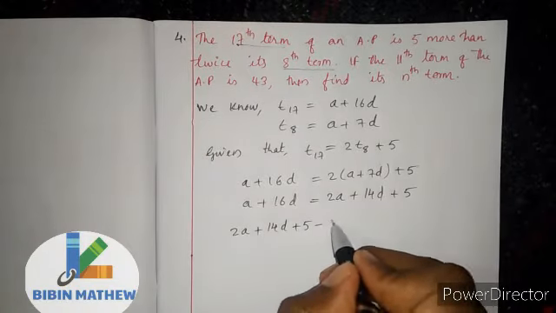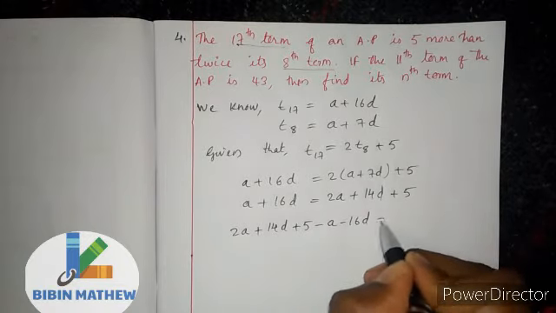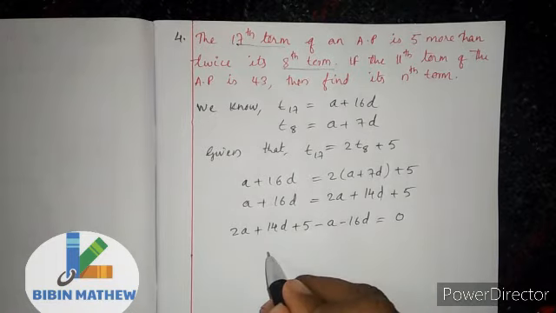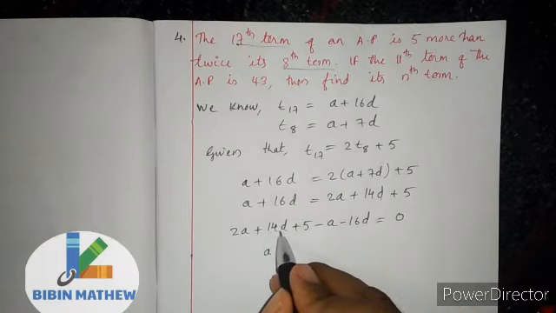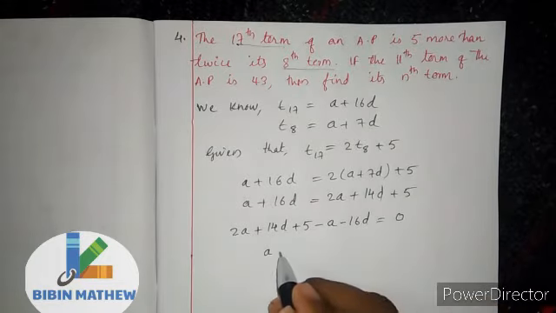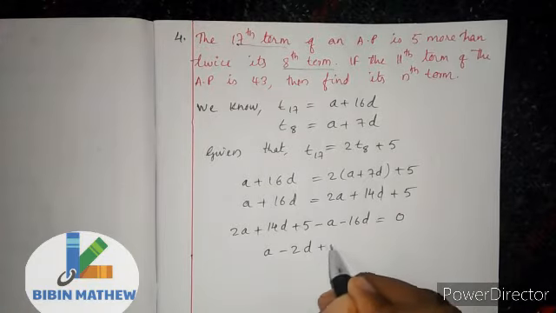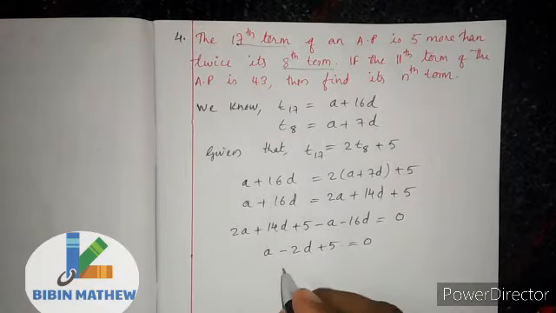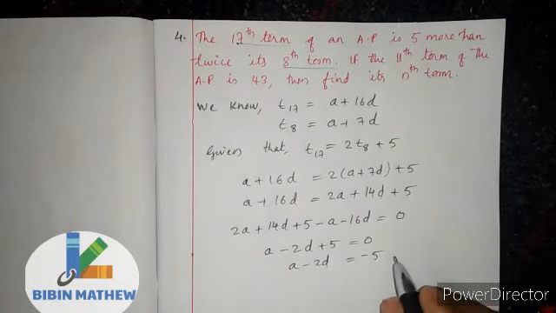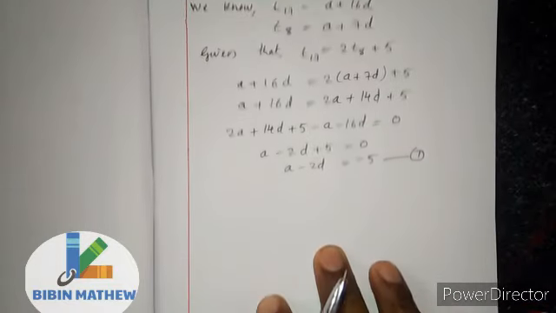A को उस तरह लेके जाते हुए -A हो जाएगा. 16D को उस तरह लेके जाते हैं तो -16D हो जाएगा. अभी उस साइड में कुछ भी नहीं होगा, 0 होगा. 2A minus A is A. Then plus 14 and -16 is minus 2D, and plus 5, is equal to 0. 5 को राइट साइड में लेके जाइए. A minus 2D is equal to -5. Call it as equation number 1. So this much you got it, right?